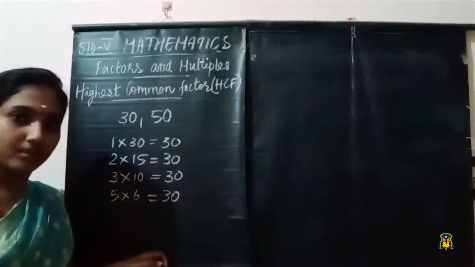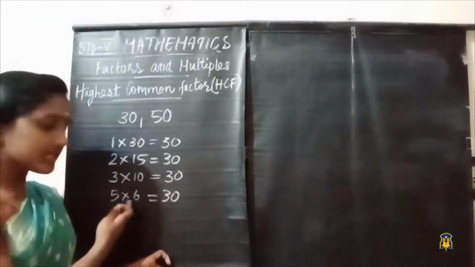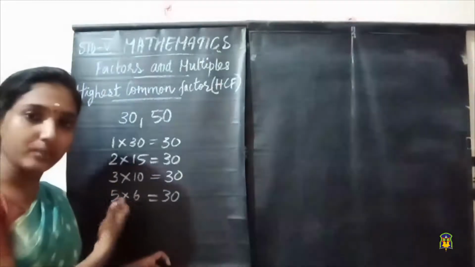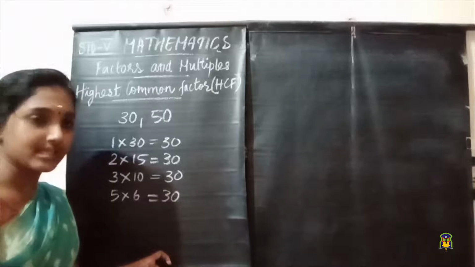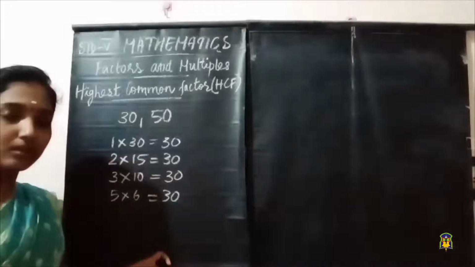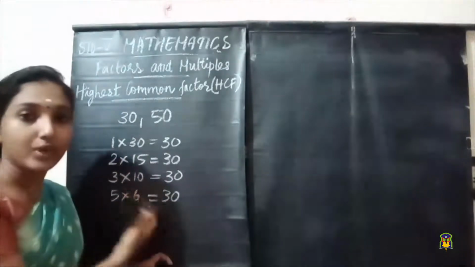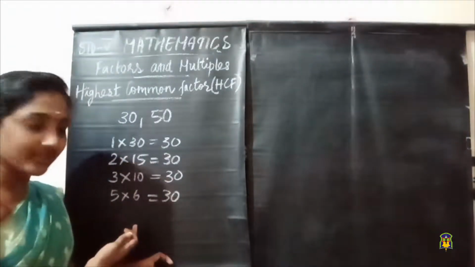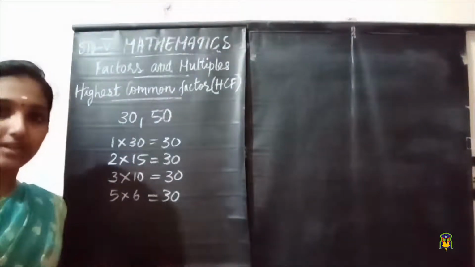Then any other number? Again 6 into 5. 6 into 5 is also 30. Same numbers are there now, 5 and 6, so we will write 5 into 6 is equal to 30 itself. Then any other numbers? No. So these pairs of numbers give the product 30. So which are the factors of 30? These numbers are the factors of 30. Right.